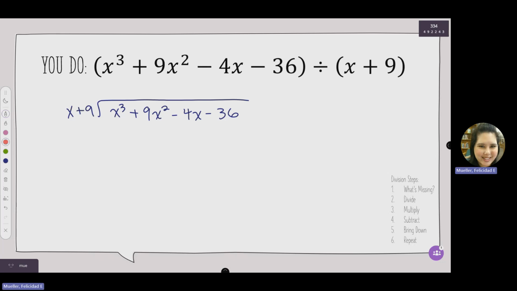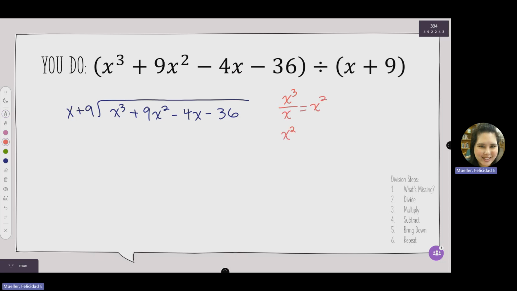You might notice that I start showing less and less work because we're doing the same things. So again, how much work do we show? You show your extra steps until you're like, oh, I can just do it now. So again, we're going to do x cubed divided by x and get x squared.